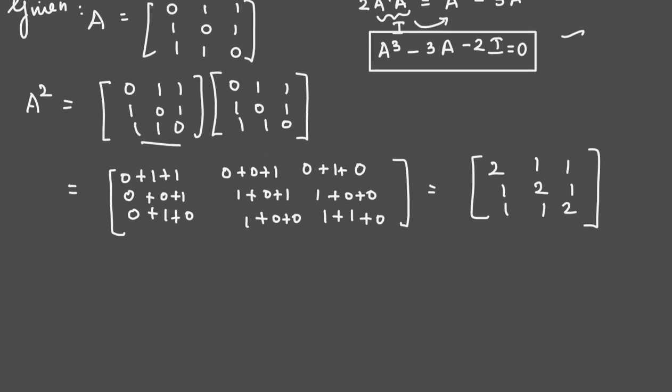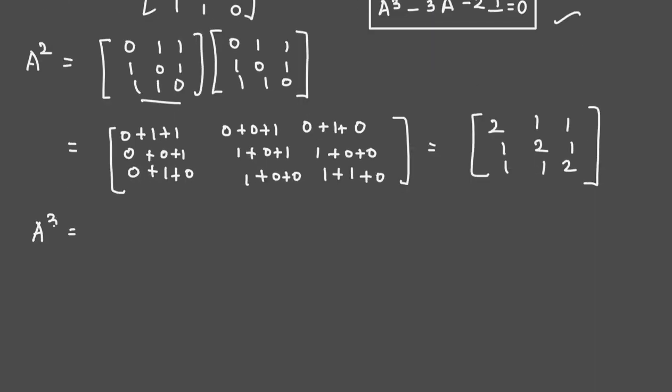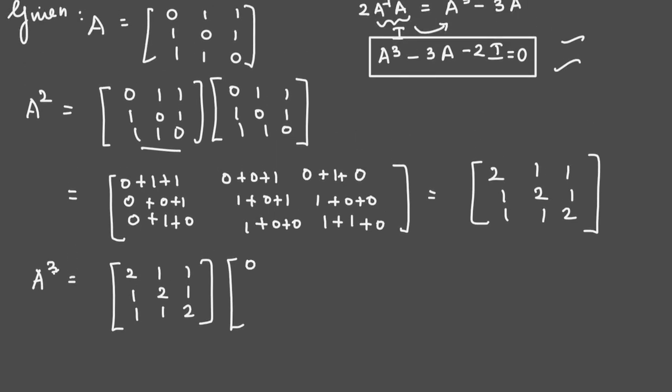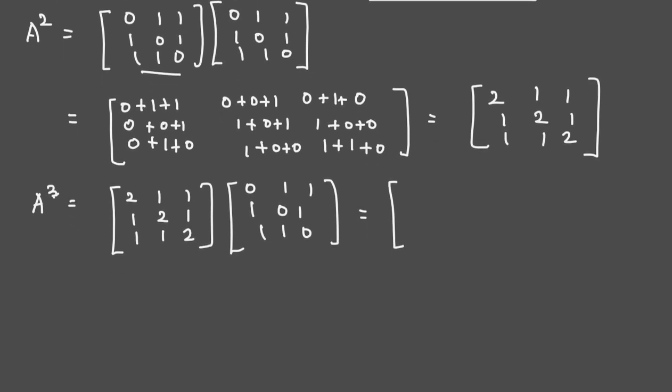We want to prove A cube. A cube will be the A square matrix 2, 1, 1, 1, 2, 1, 1, 1, 2 into the A matrix, which we know is 0, 1, 1, 1, 0, 1, 1, 1, 0. Multiplying both the matrices, first row, first column will be 0 plus 1 plus 1, which is 2. First row, second column will be 2 plus 0 plus 1. First row, third column will be 2 plus 1 plus 0.